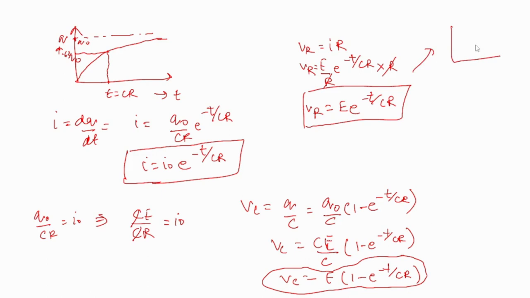What will be the variation of this? It will be something like this. This is Vr. Again, the graph of Vc will be something like this. You can draw the different graphs.